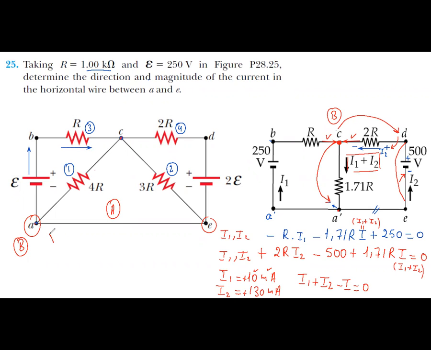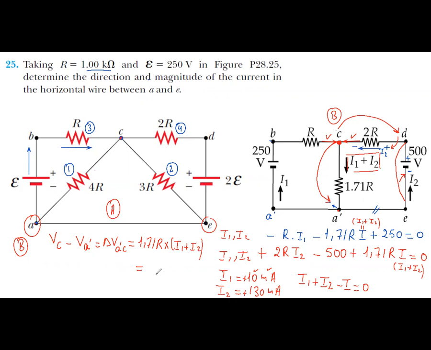So we can find VC minus VA prime, which is equal to delta V A prime C, final minus initial, which is equal to the resistance times the current, which is equal to I1 plus I2.